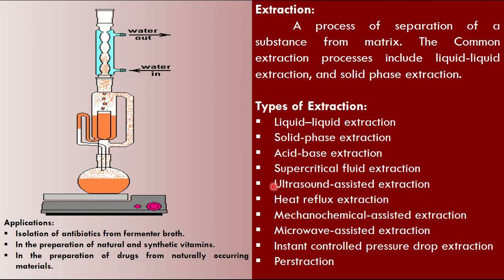Extraction is available in different forms, that is liquid-liquid extraction, solid phase extraction, acid-base extraction, supercritical fluid extraction, ultrasound assisted extraction, heat reflux extraction, mechanochemical assisted extraction, microwave assisted extraction, instant controlled pressure drop extraction and pest traction. Here, if we look at this picture, it is a Soxhlet apparatus, an example for solid liquid phase extraction.